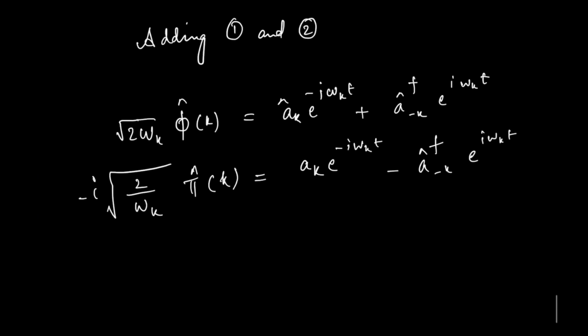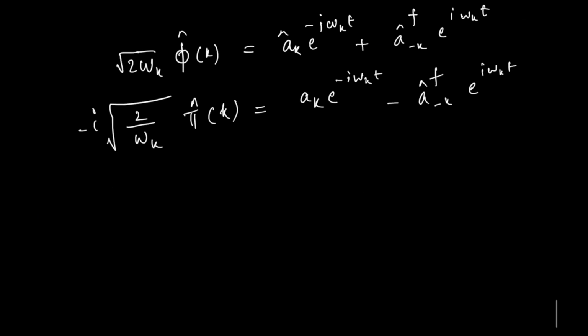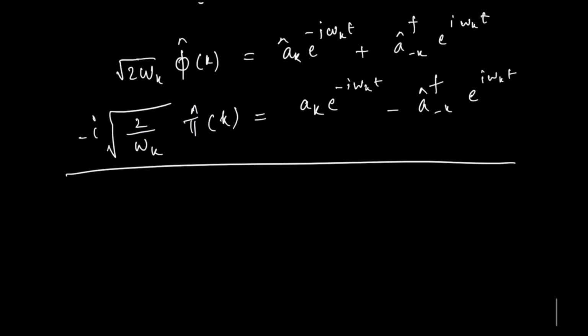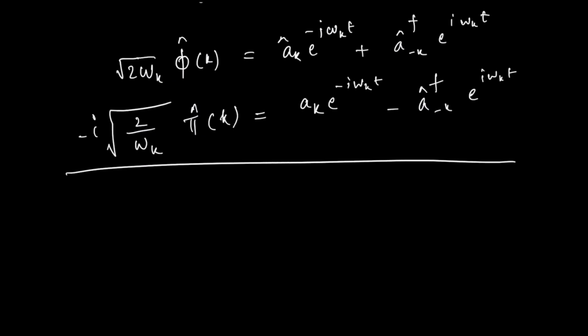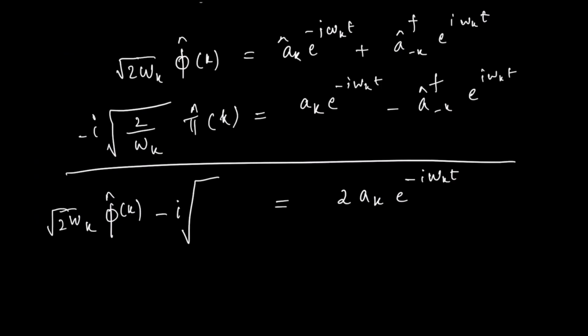Now if I add these two equations, then I can eliminate the second term, and I'll get 2 a k e raised to minus i omega k t is equal to root of 2 omega k phi plus i root 2 by omega k pi of k.